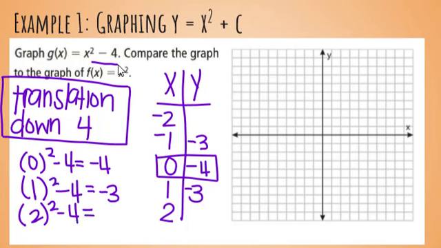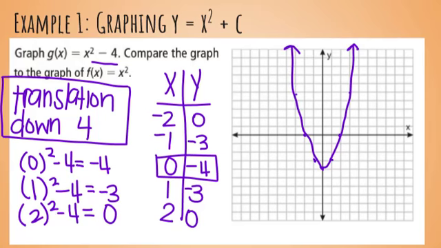And when we plug in +2, we get 0. So we can plot our points, 0, -4, 1, -3, -1, -3, 2, 0, and -2, 0. And here's our graph.